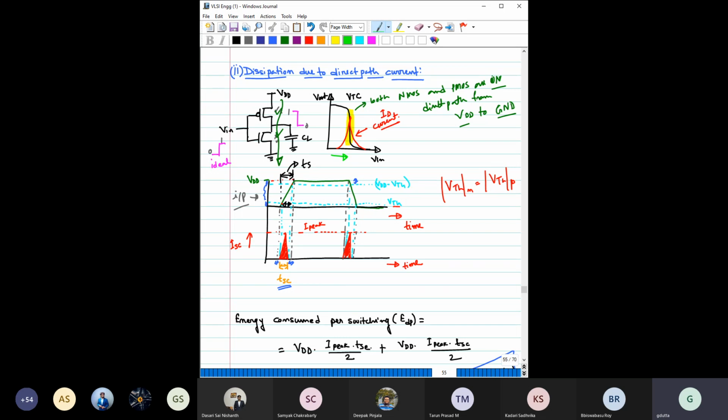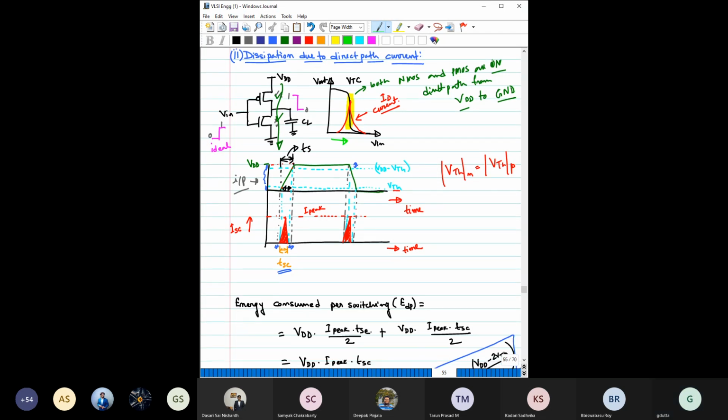And from this understanding, this power dissipation happens only when the transistors are operating in this region, that means only when the input of this inverter is changing, or the output is changing. From there you can also notice that we should have some f term, or frequency term, associated with this.